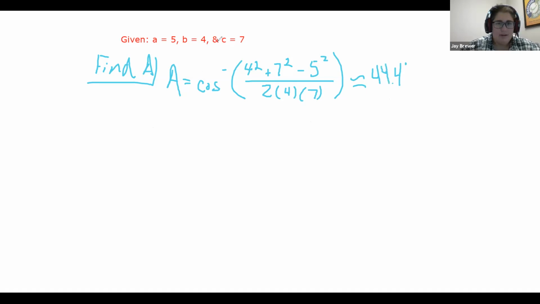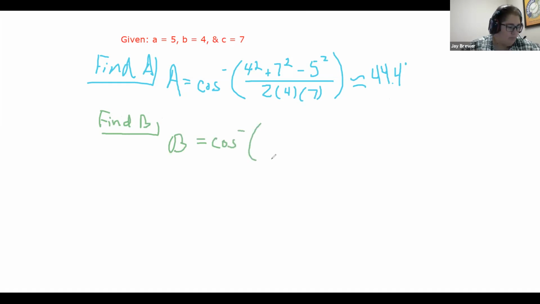All right, finding B, very similar. Cosine inverse.